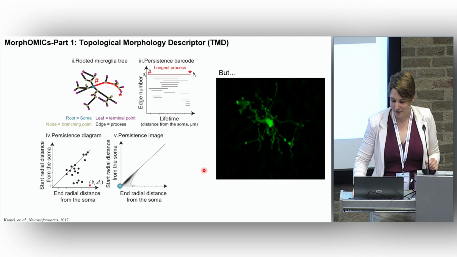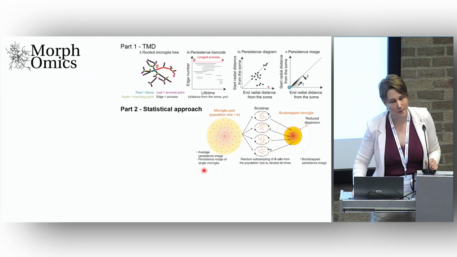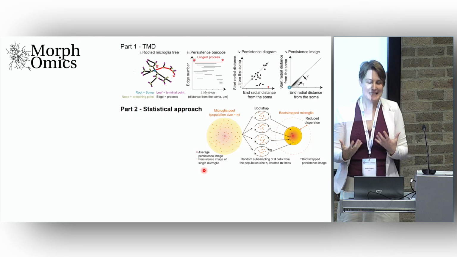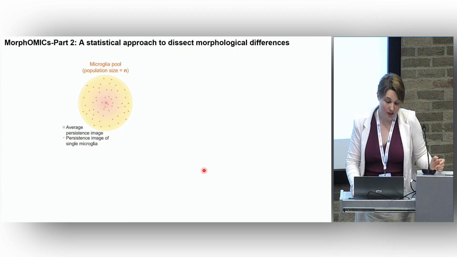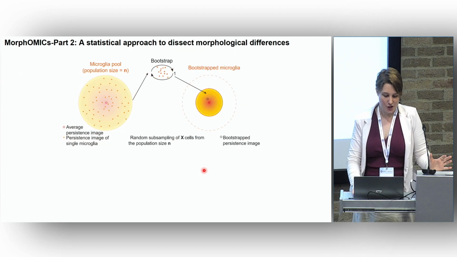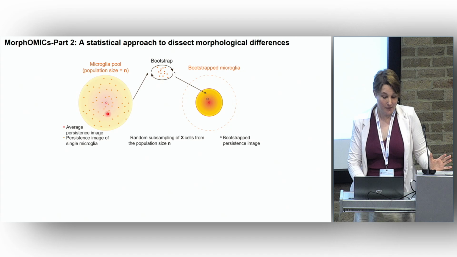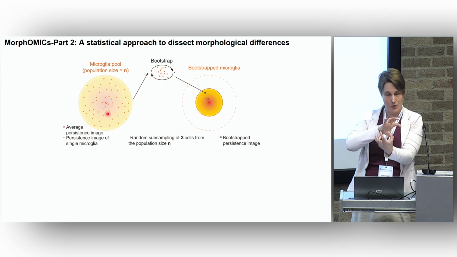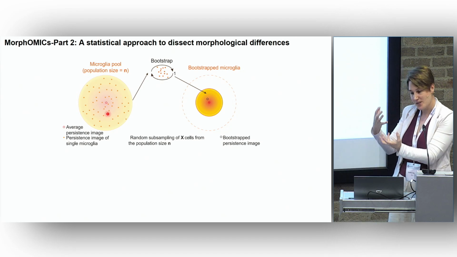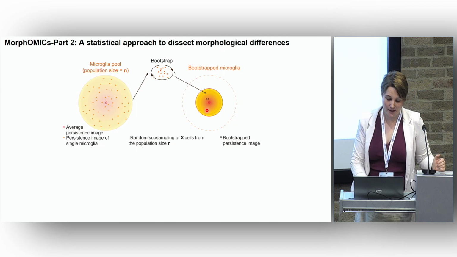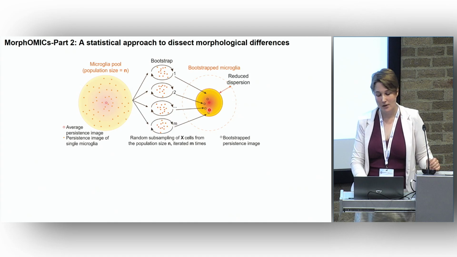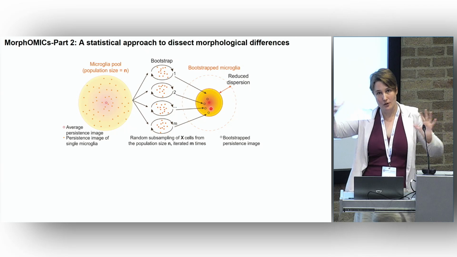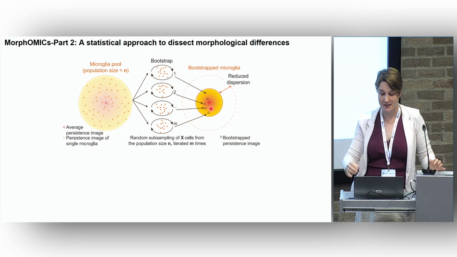So we had to identify a statistical approach to deal with this intrinsically existing variability. For this, we use a bootstrap strategy: we have the microglia pool here, we take a subpopulation of the pool, do the analysis, generate an average persistence image, and put it into a bootstrap microglia pool. We do this several times, controlling how often we iterate. In this way, we reduce the dispersion of the variability within the sample.